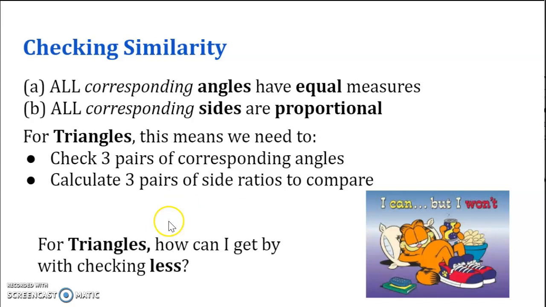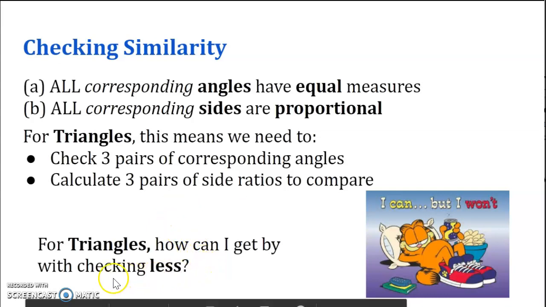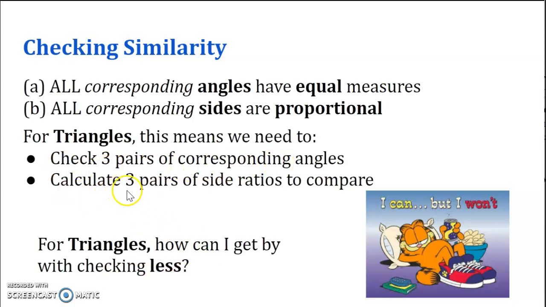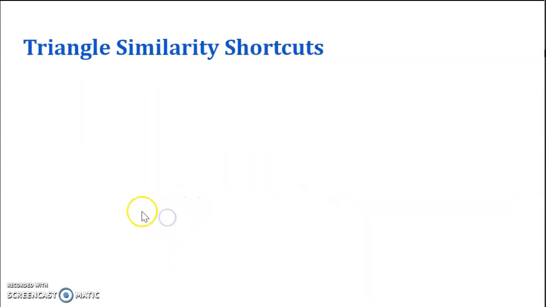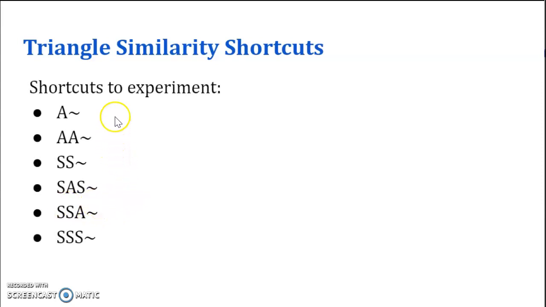Okay, so for triangles, how can I get by with checking less? Do I always have to check all 3 pairs of corresponding angles and calculate 3 pairs of side ratios to compare, or can I get away with less? That's what we're going to be looking at. So you're going to explore, what if we have just 1 pair of corresponding angles that are the same, or 2 pairs of corresponding angles that are the same?